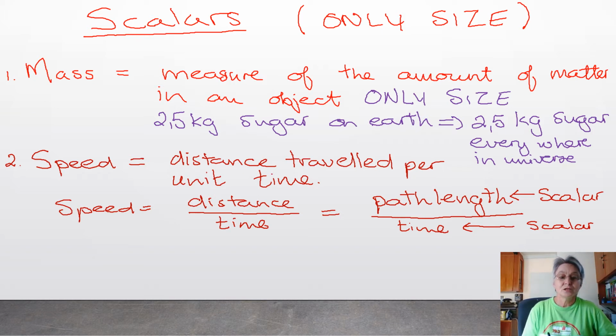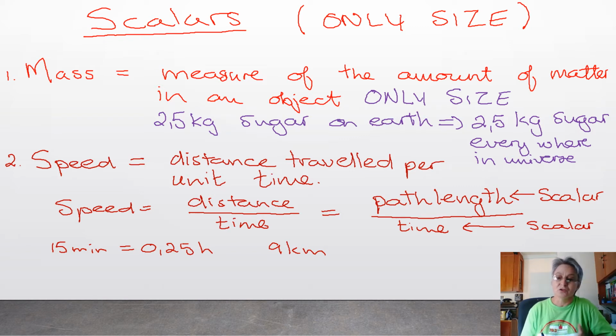If I can use an example, I take about 15 minutes, which is 0.25 hours, to travel 9 kilometers to school in the morning. Now, I don't get into the car and go straight to school. The road makes turns and there are stops, and I have to change direction all the time.